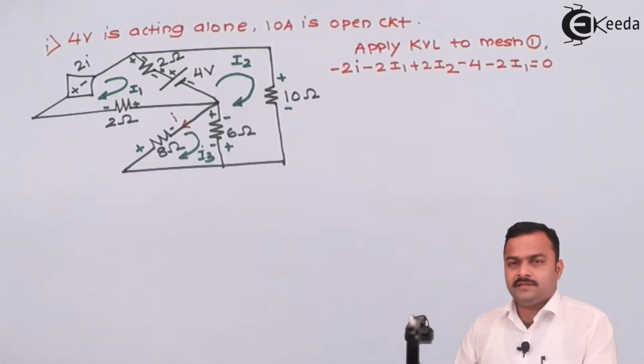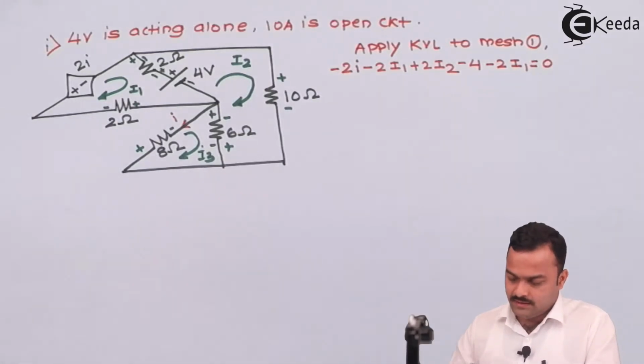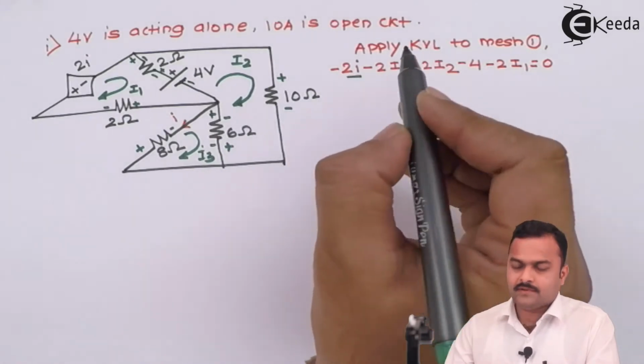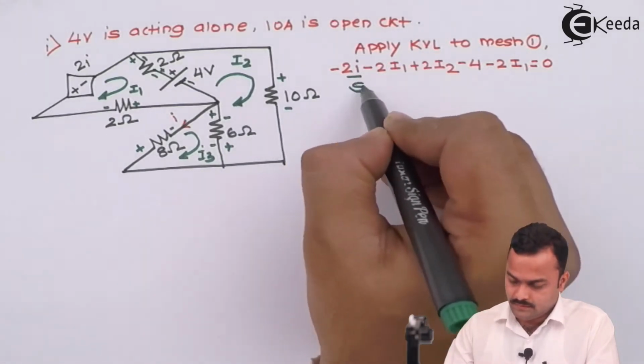The only thing here is that this small I is given by them, so we need a substitution equation.